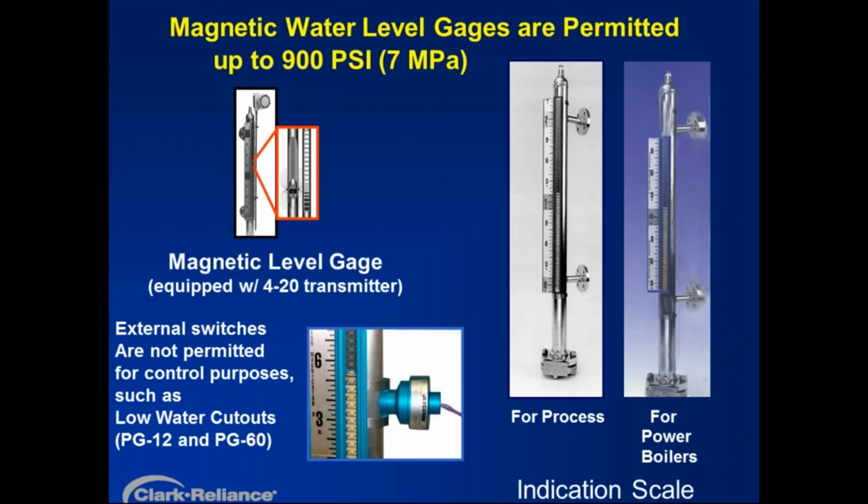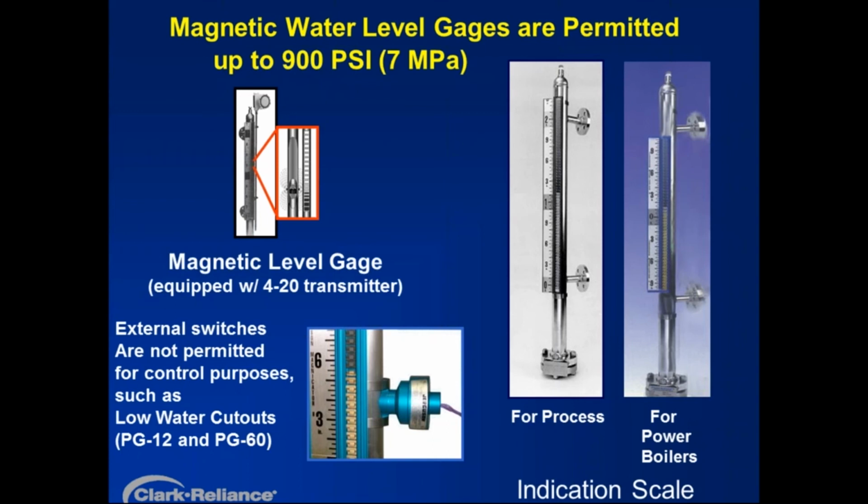And if you look at that illustration off to the right, you'll see the magnetic level gauge identified as for power boilers. You need that vertical leg at the bottom of the unit extending below the lower branch that would go to the boiler in order to accommodate the typical length of the float. So you might say that's a dead leg vertical down below.